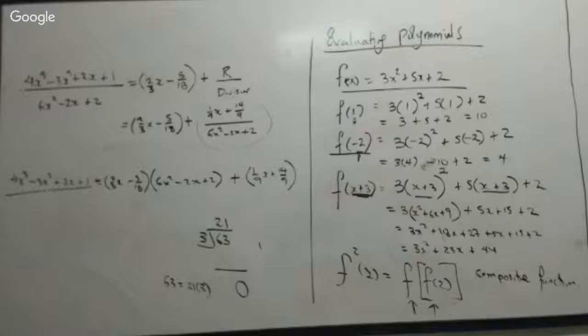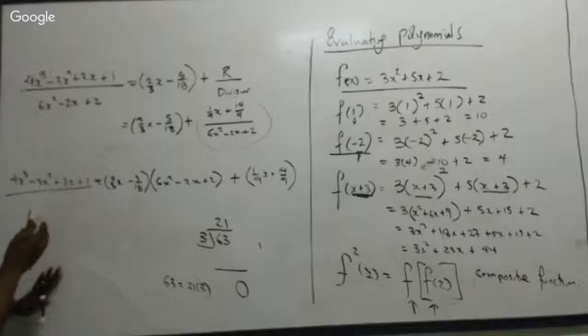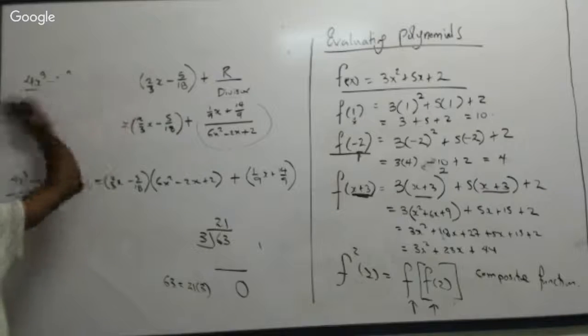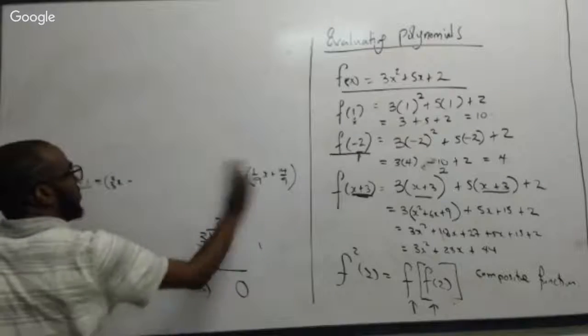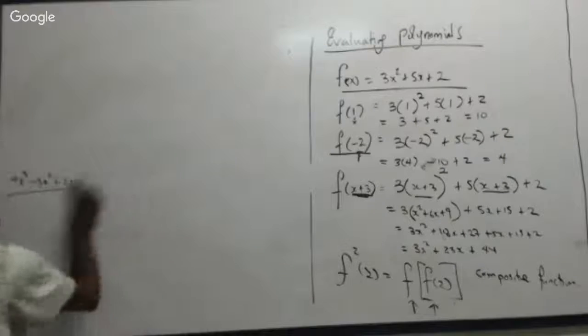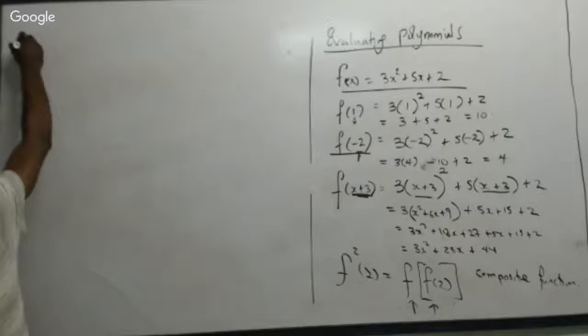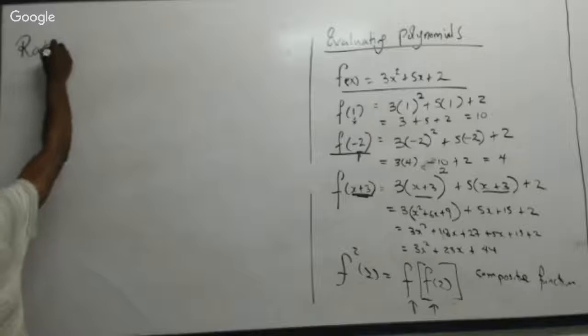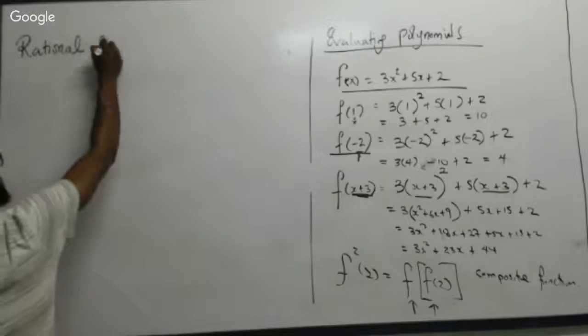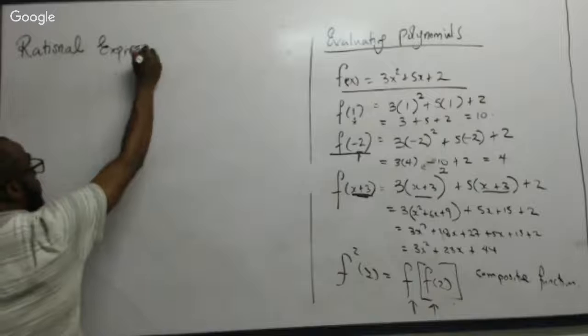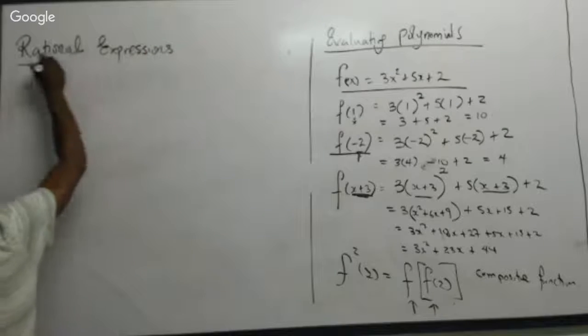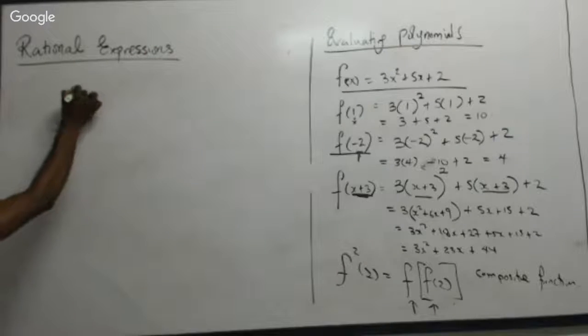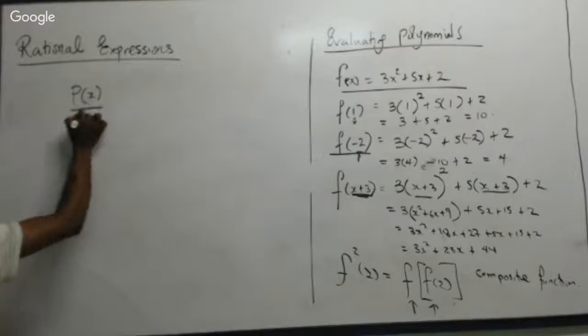We're going to rational expressions, where we will have just a few minutes left with the quotient. So, we're right back to this. A rational expression is in this form, P of x upon Q of x.